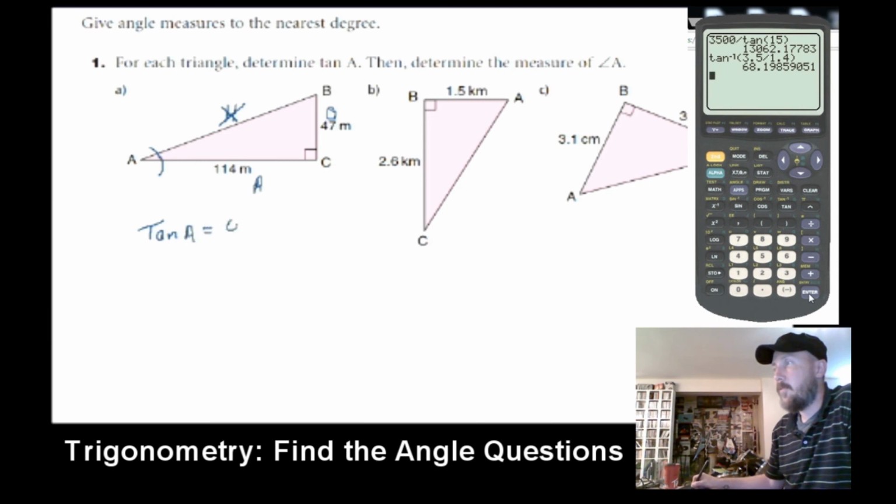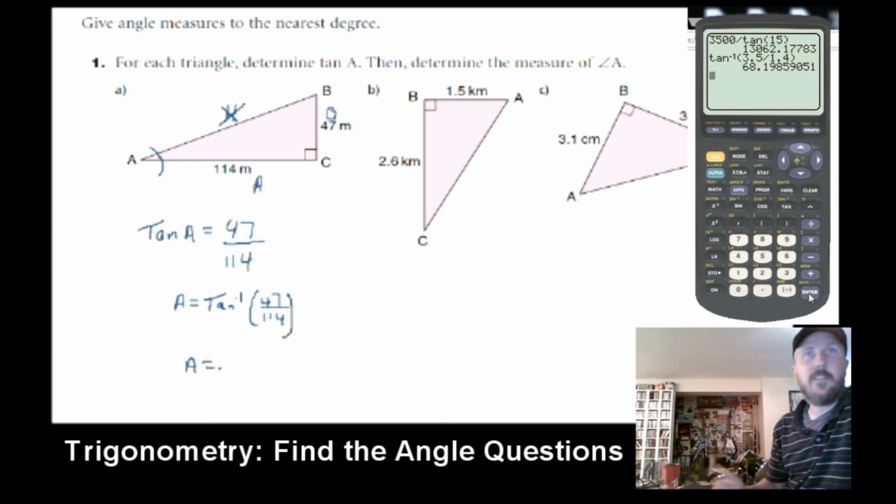The opposite is 47. The adjacent is 114. I'm going to bring that word tan away from that angle A. And then I just got to do it on the calculator.